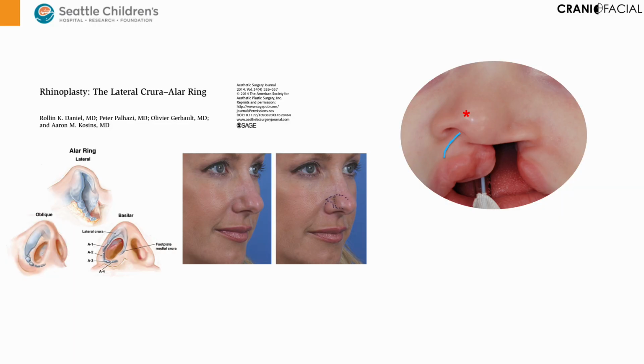This makes sense because in the cosmetic rhinoplasty world, it's talked about how constriction of the lateral crural alar ring results in a boxy nasal tip. That's what we're seeing on the non-cleft side of a child with a cleft lip nasal deformity. The constriction of the nostril sill on the non-cleft side pinches that lateral crural alar ring.